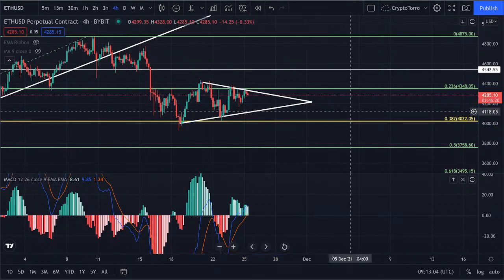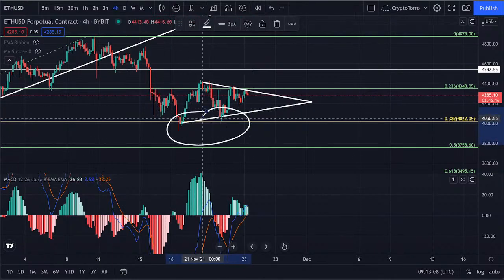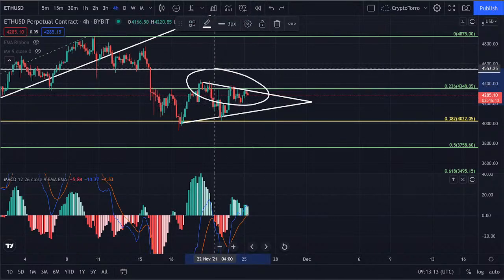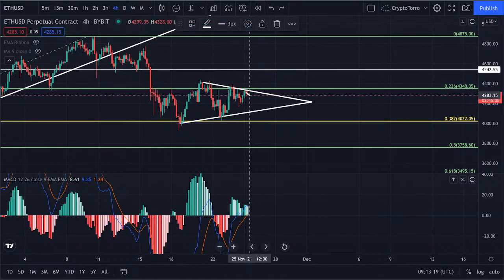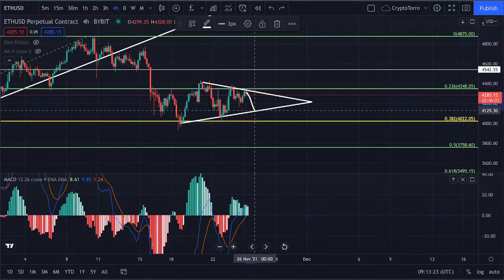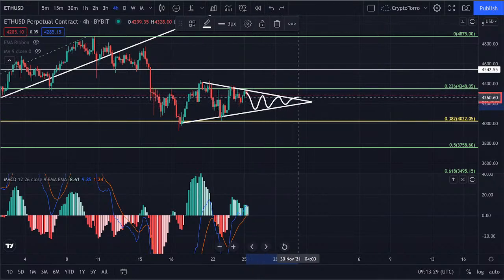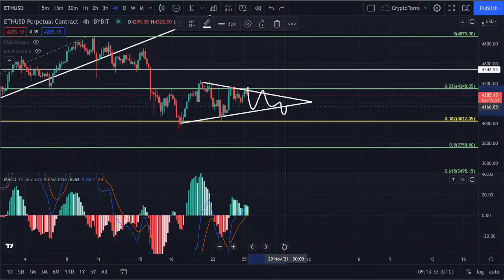And why? Because it's a little bit bigger. We have seen multiple touch points on top of this ascending support, and we can clearly see that we are right now getting rejected underneath this descending resistance. So for sure, if we do see a setback, we can head all the way towards $4,130 or $4,129 and trade in between these two ranges before expecting a breakout or a breakdown towards the downside.